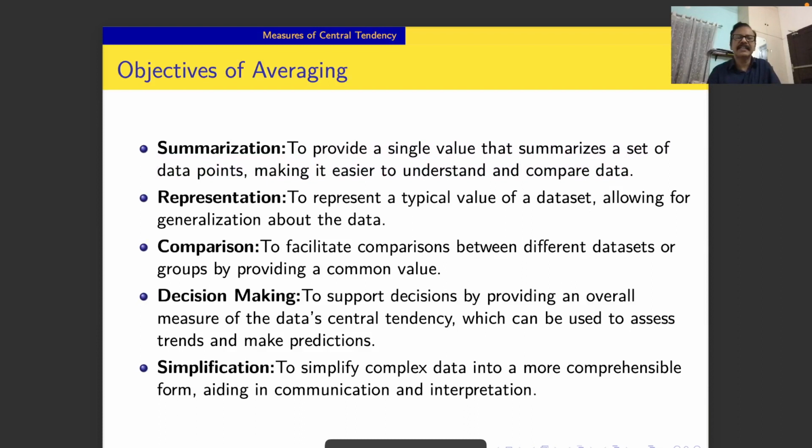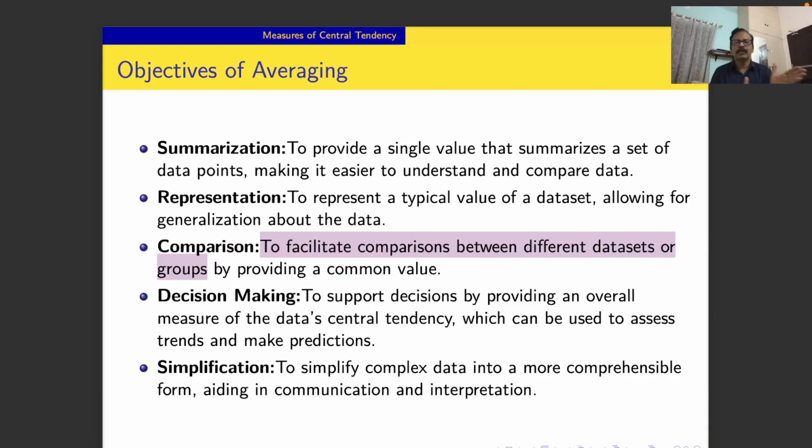Representation is to represent a typical value of the data set, allowing for generalization about the data. Comparison means to facilitate comparisons between different data sets or groups by providing some value.